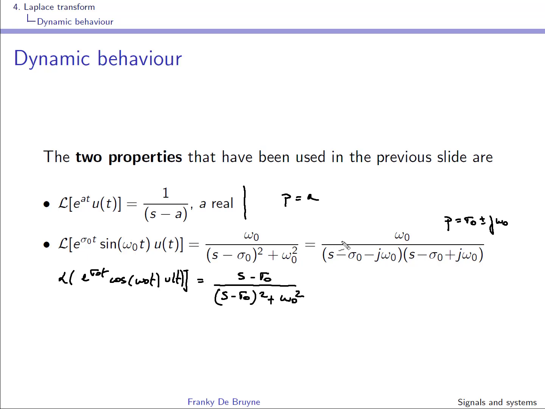Okay, so what can we draw as a conclusion over here? That a system, and we're now talking about a system that would have a transfer function that would be this one or one of these two, right? It has obviously poles at a in this case, and at sigma 0 plus j omega 0.